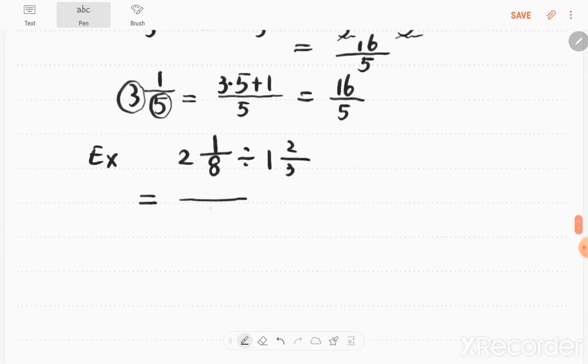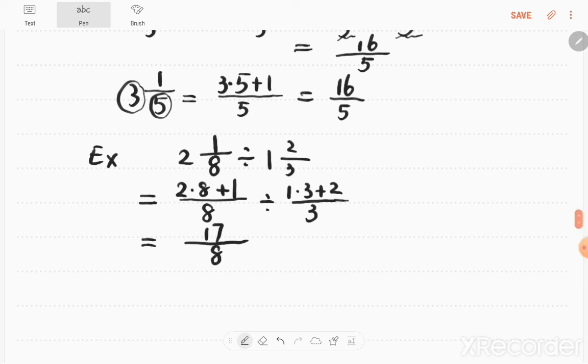So for this one, we keep the denominator and do the shortcut version. 2 times 8 plus 1 divided by 3. We still keep the denominator, but 1 times 3 plus 2. Okay, so that will be 7 over 8 divided by 5 over 3.